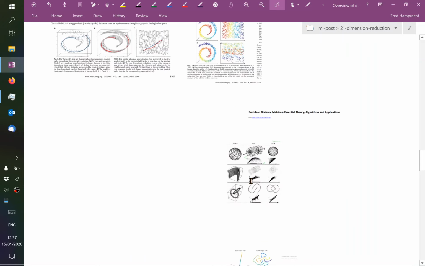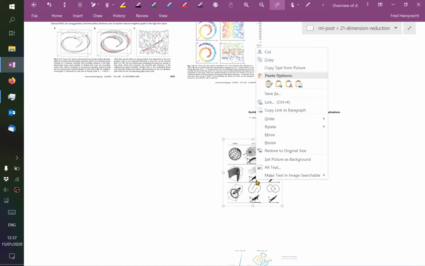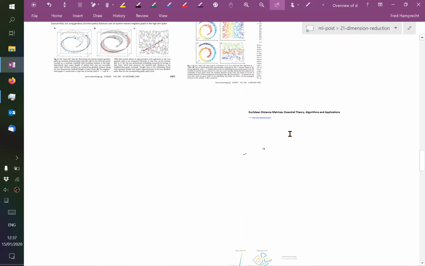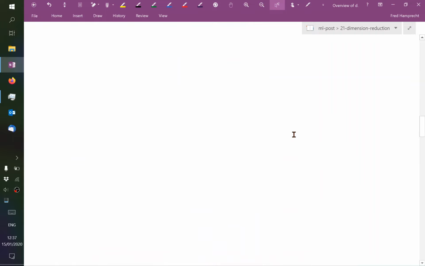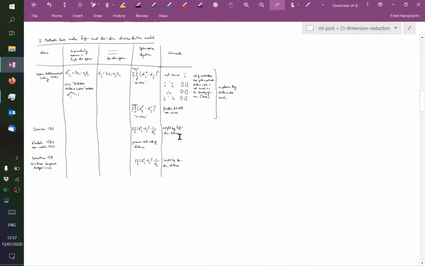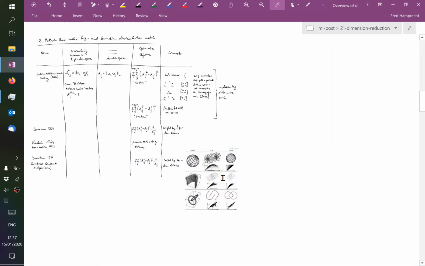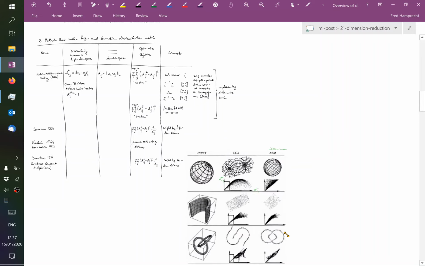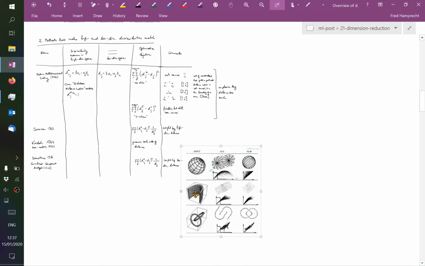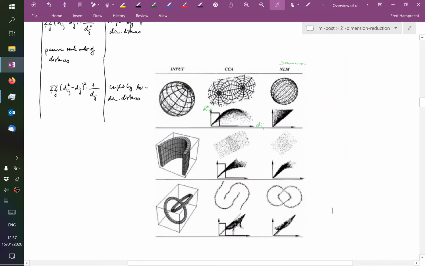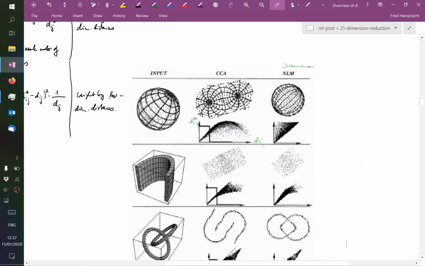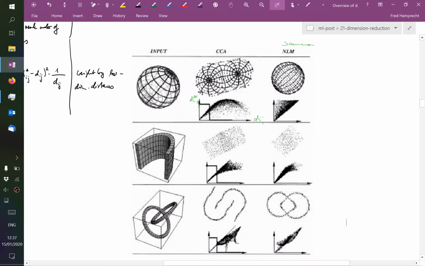And saw this picture here. All right. So what do we see? We have here 3 toy data sets. They are all 3-dimensional. That's in the left column.